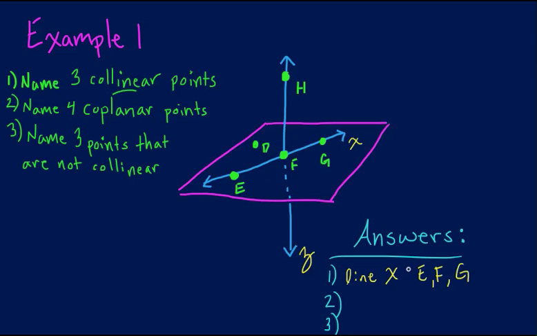So our answer is E, F, and G, because the question says name 3 collinear points. They are points that share the same line. Good job.